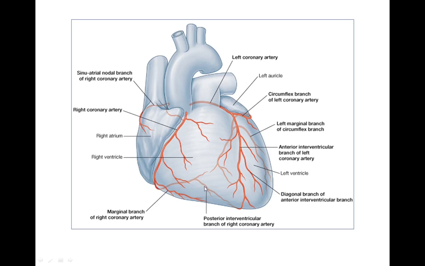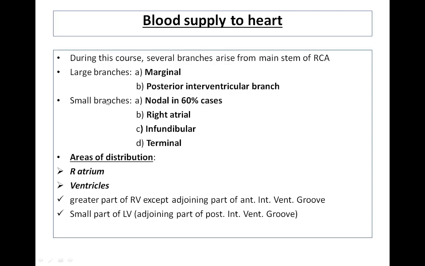If this posterior interventricular branch is given by the right coronary artery, then we call it right dominance. But sometimes this branch may arise from the left coronary artery. Then we call it left dominance. Mind it.